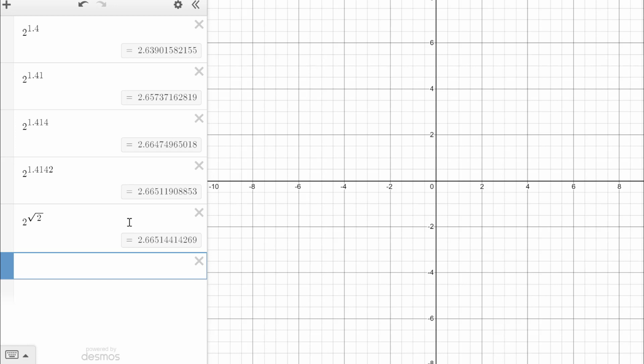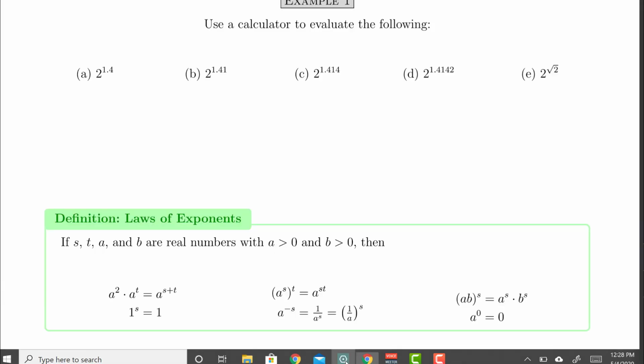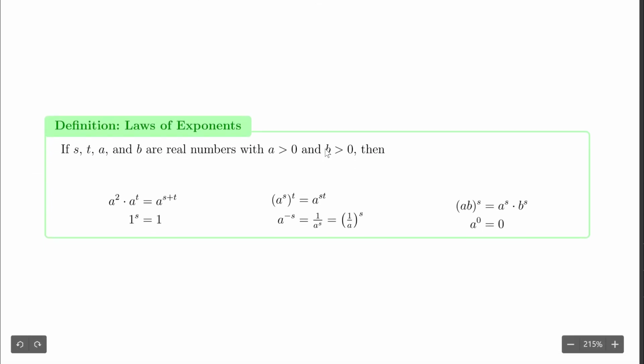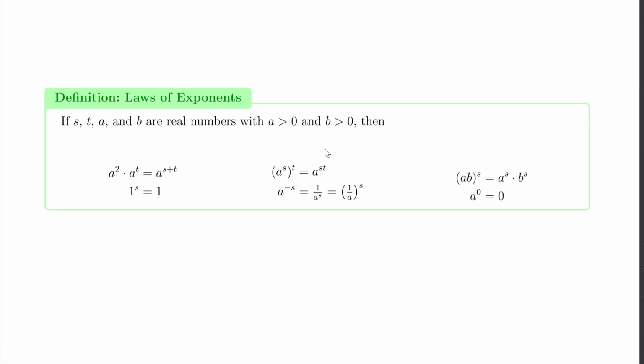We've taken the square root of 2 and approximated it to 1 decimal place by using the 1.4, 2 decimal places, 3, 4, and then finally the exact value of square root of 2. And that just kind of shows you how these different approximations will have an effect on the overall value of an exponential function. So really nothing too brain busting there with those evaluations.